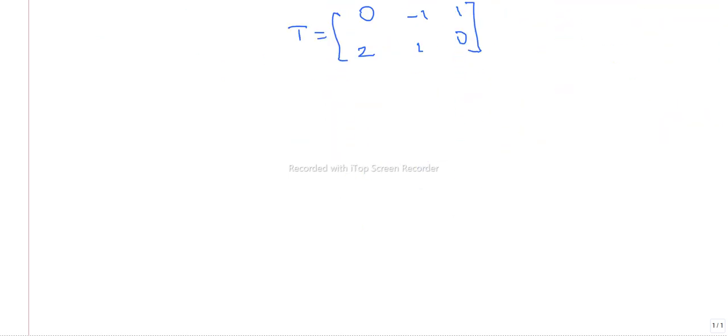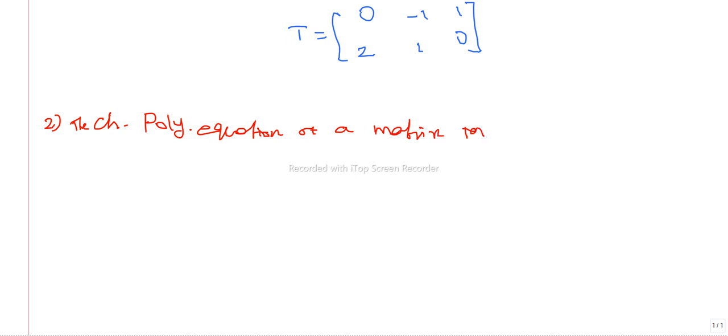Now the second question. Suppose the characteristic polynomial equation of a matrix M is lambda square minus lambda minus 1 equal to 0. Which of the following is true? First option, M inverse does not exist.